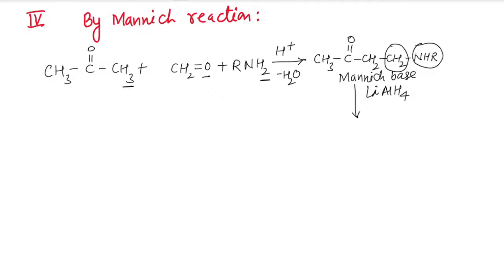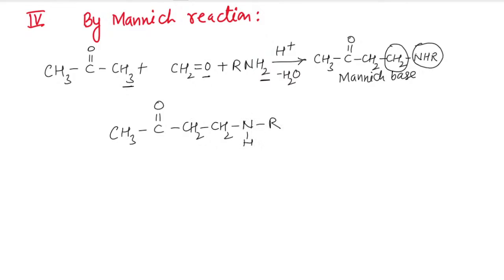So this is one type of secondary amine. There is no need to write further reaction. This is only the secondary amine. If we reduce, then it becomes CHOH. So ultimately, see, this is CH3, C double bond O, CH2, CH2, N, H and R. So it is alpha and beta.